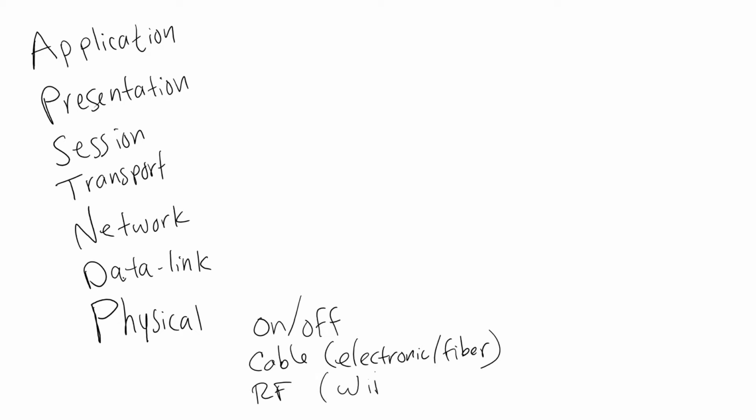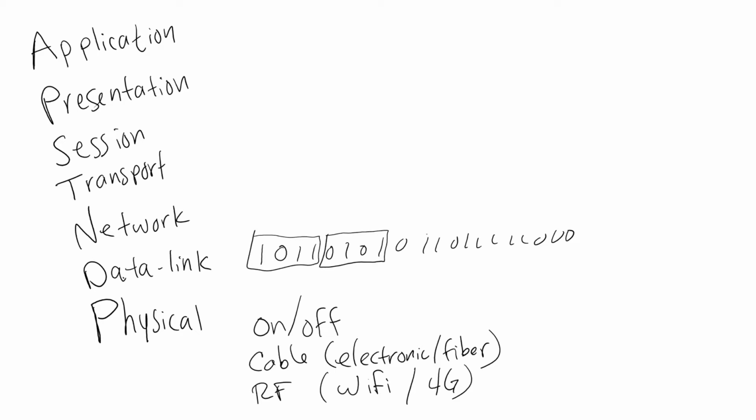This is your Wi-Fi, and also 4G, etc. At the data link layer, the on and off is translated into binary ones and zeros. And the data link layer is also in charge of breaking up these long strings of ones and zeros into manageable chunks called frames.